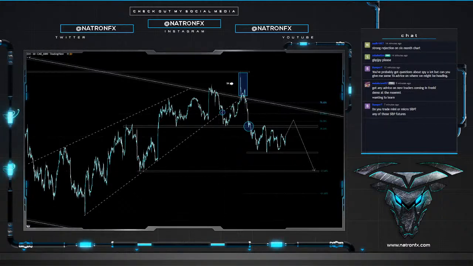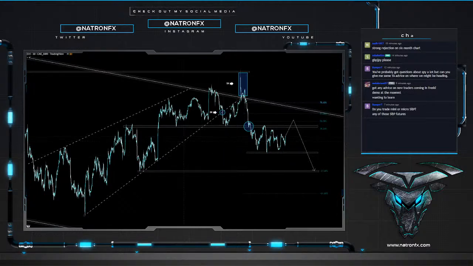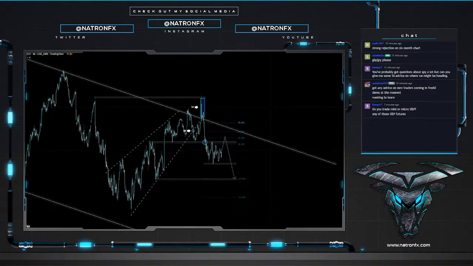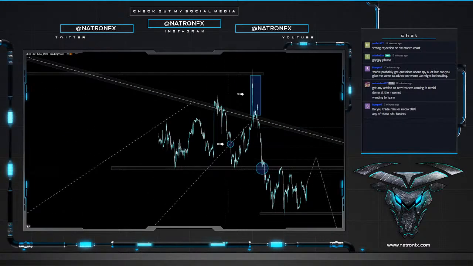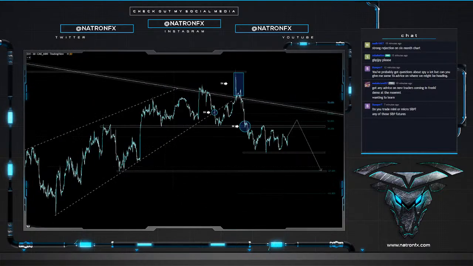This here is a break of this continuation pattern on the higher time frame. Break of that continuation pattern. Down here, we got the break of these lows here.